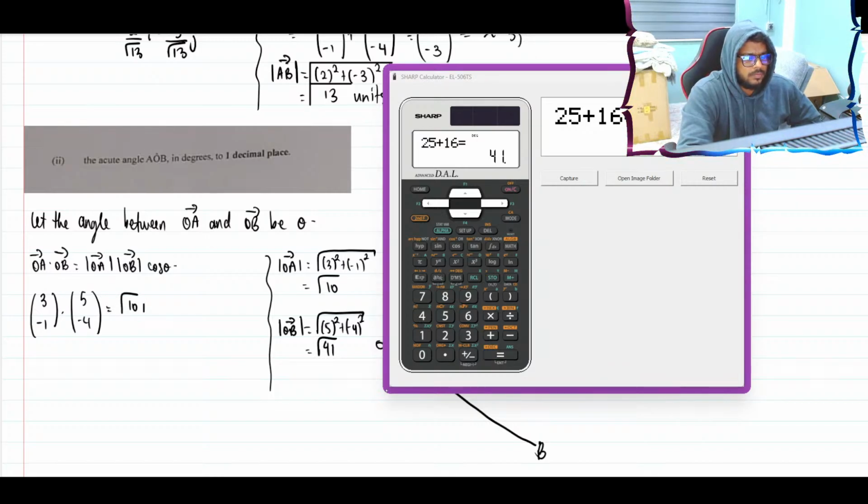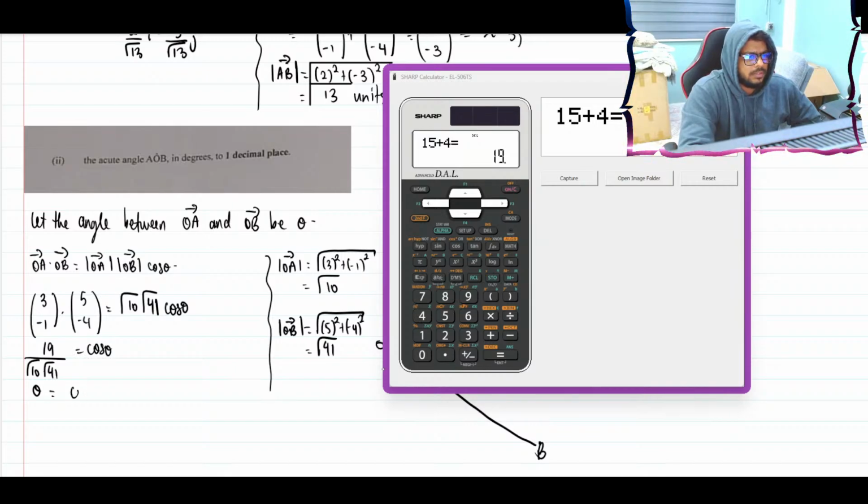Root 10, root 41, cosine theta. The dot product will be 15 take away 15 plus 4 actually, 19. So we get 19 over root 10 root 41 is cosine theta.